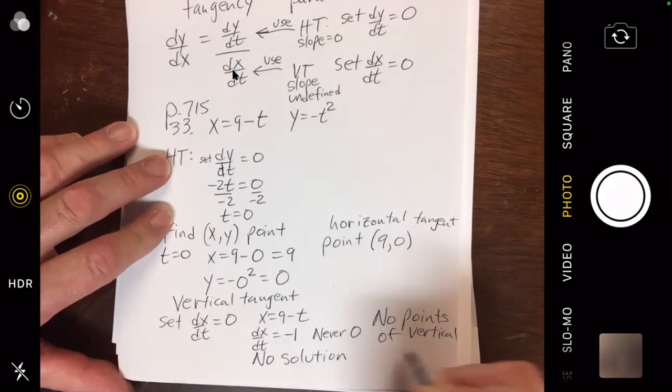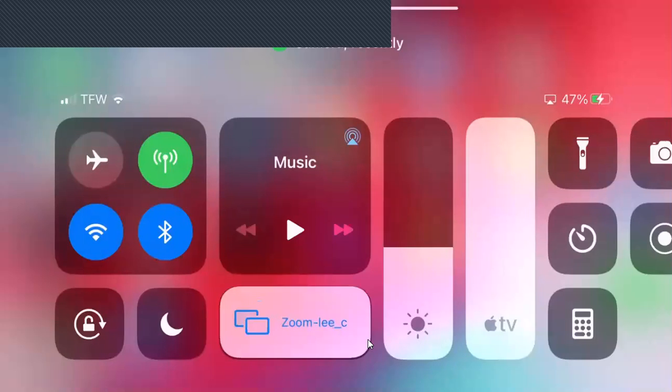Okay, let's stop the share and see if I can get it back. I've got it on my camera, but doggone it, it doesn't want to show on the screen.